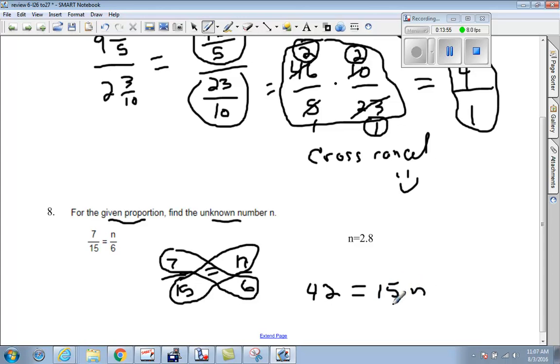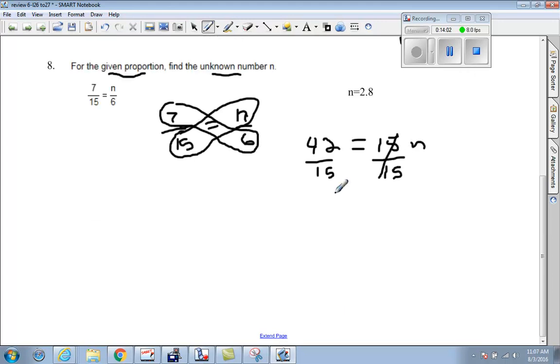And then if you want to solve for n, you obviously have to divide by 15. And whatever 42 divided by 15 is, if I'm not using a calculator, I'm going to write 42 as 42.0 and perform that division. 15 into 42 goes about twice.